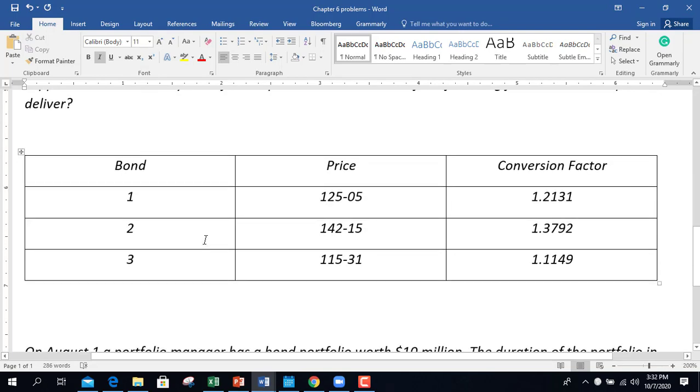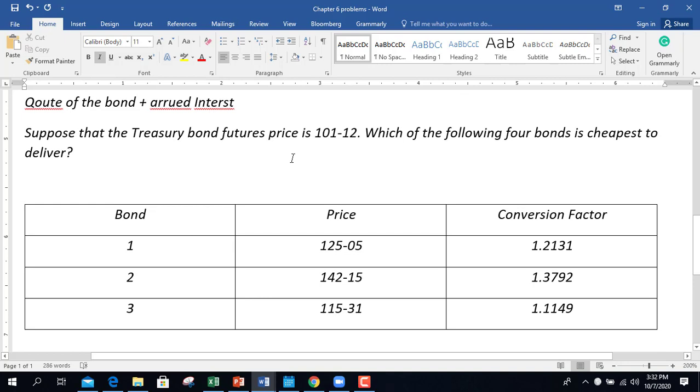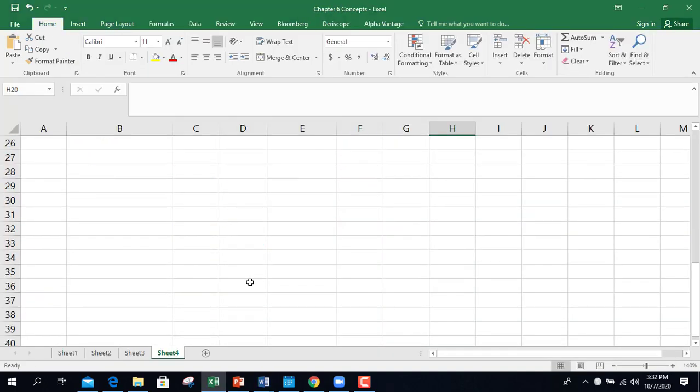Next one. Suppose that treasury bond future price is 101-12. Which of the following 4 bonds is cheapest to deliver? So we are finding out which of the bonds is cheapest to deliver. So I'll copy this.